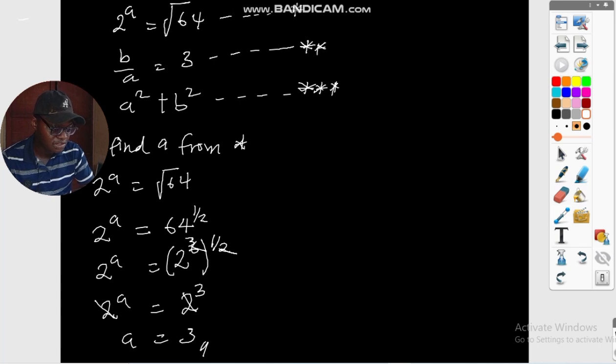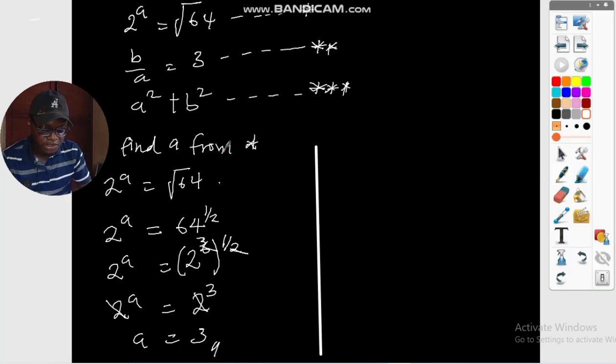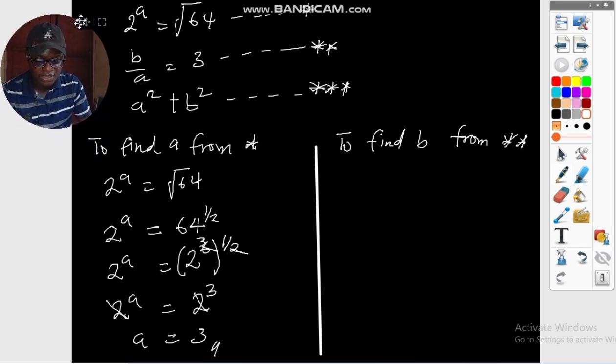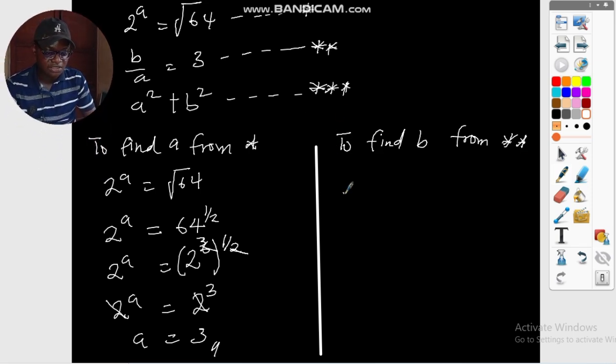So let's just have a line, so that I can demarcate my work for easy readability. To find b from equation 2, are you seeing why I had to label all that, equation 1 and equation 2, so that I can easily call them back when I need?